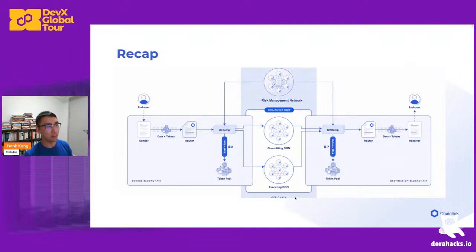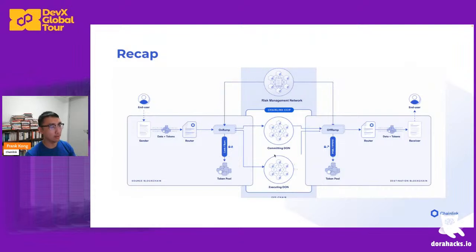We have these three rows in the off-chain. The first one is the committing DON, right? This one. And the second one is the risk management network, the RMN. And the last one is the executing DON.